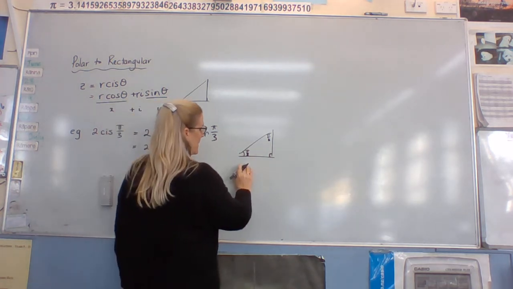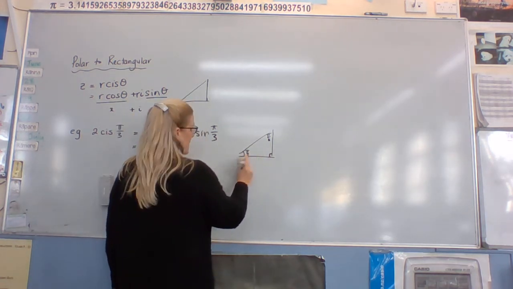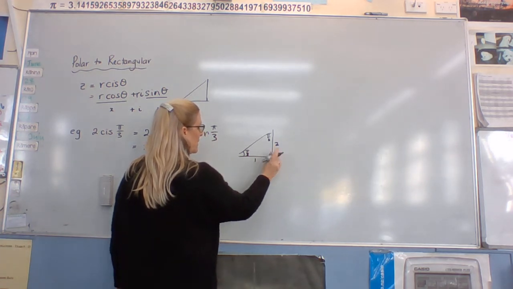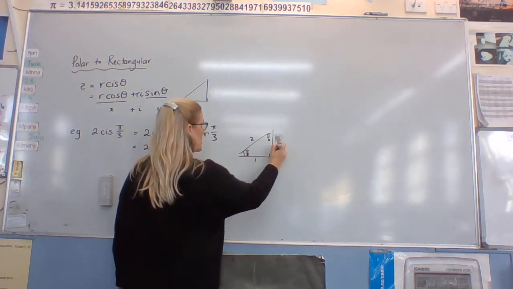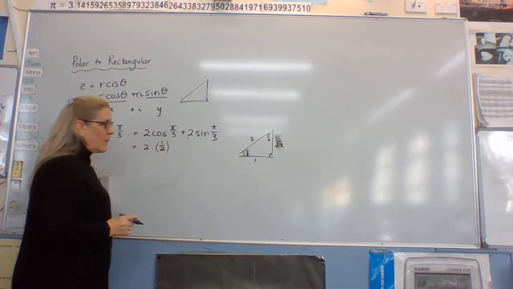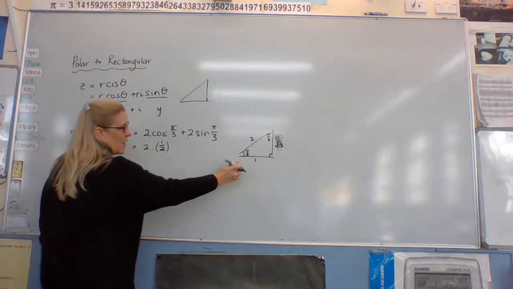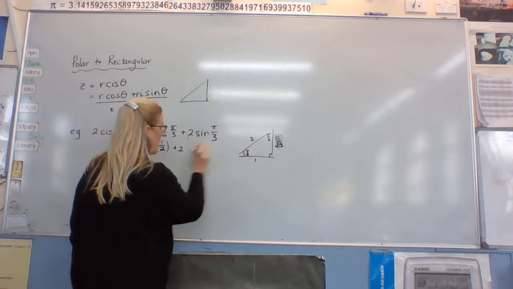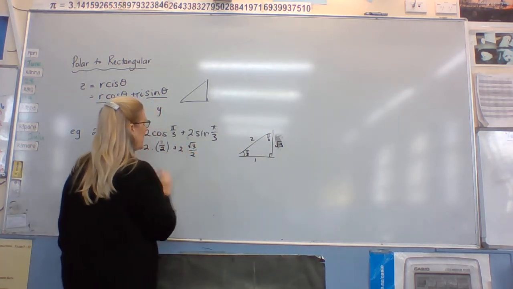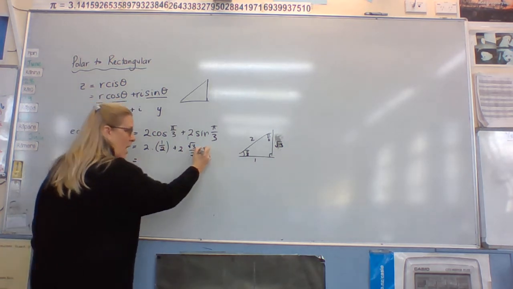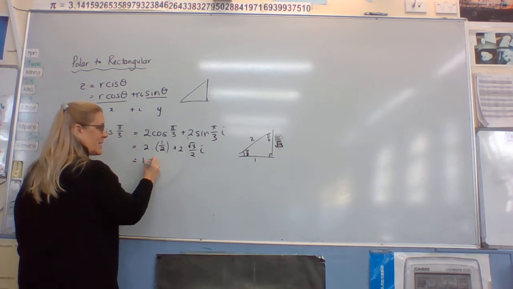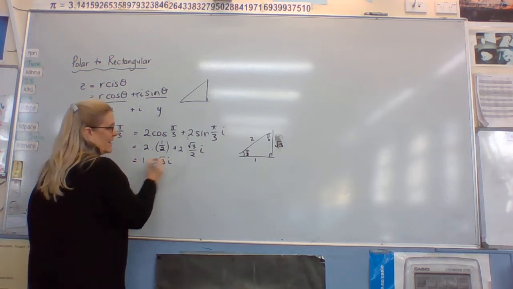And what we have is 1, 2, square root 3. So cosine equals 1 over 2, and sine equals square root 3 over 2. So we end up with 1 plus root 3 i as our answer.